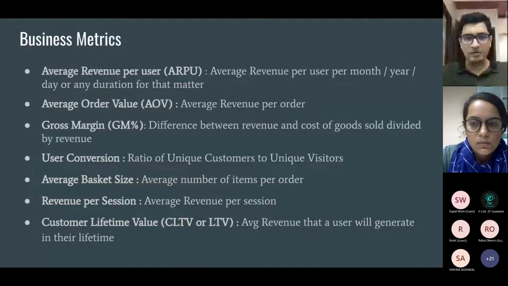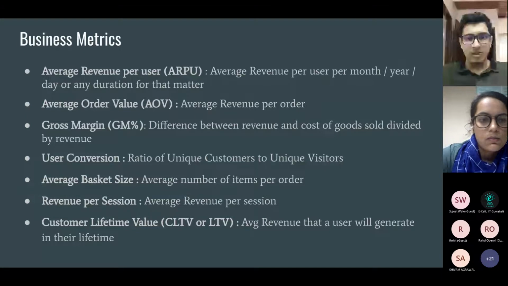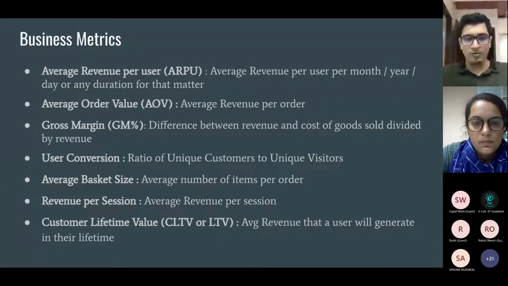So retention into frequency gives you the revenue from an average user in that month. And when you sum it over a period of lifetime, which could be, let's say, 9 months, a year or a 2 year window, then you get the total average revenue that a user will generate, which becomes your customer lifetime value.